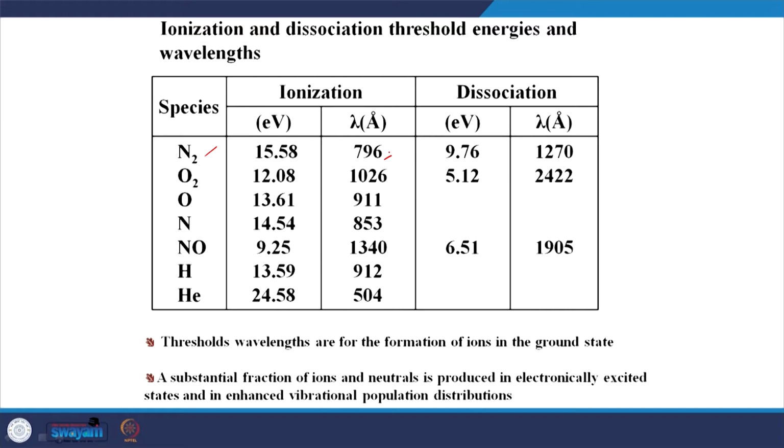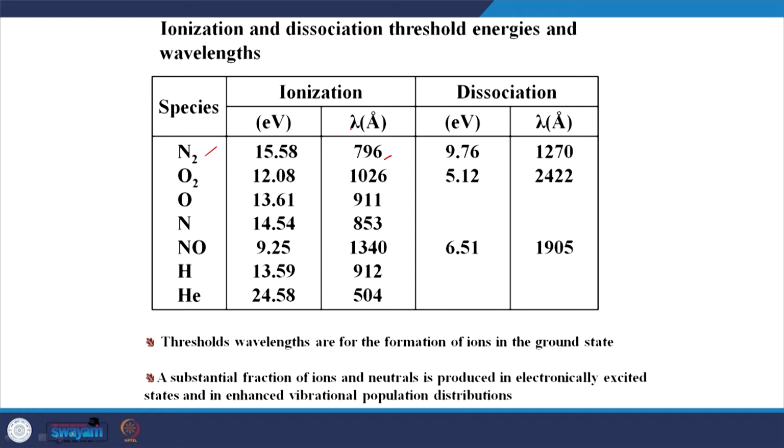So, that means that all these extreme energies are lying below the visible spectrum, right. The energy below the visible spectrum is capable of ionizing and dissociating atoms and molecules. So, threshold wavelengths are for the formation of ions in the ground state, right. Again, this depends on which state they are excited or ionized to. A substantial fraction of ions and neutral species is produced in electronically excited states and in enhanced vibrational population distributions.